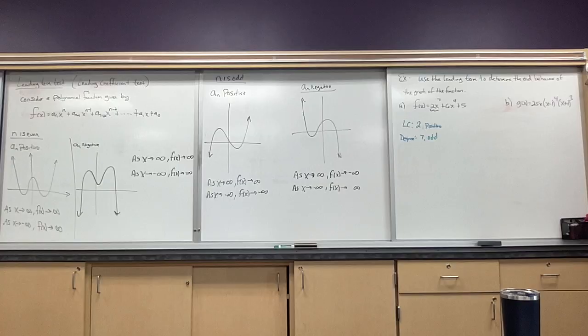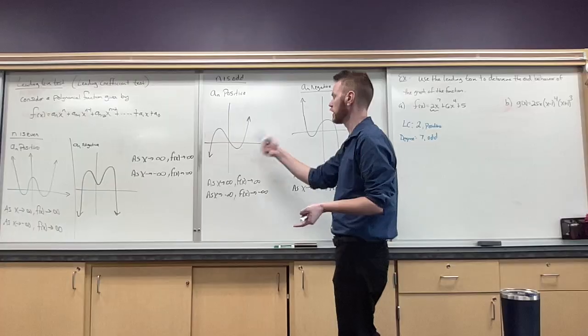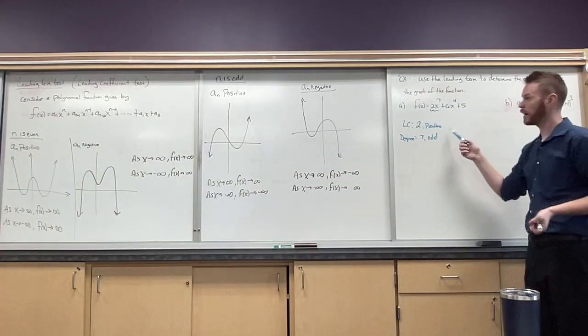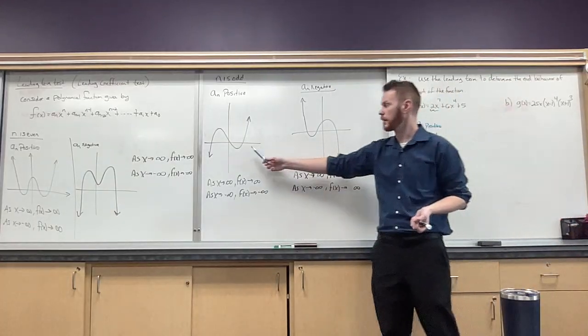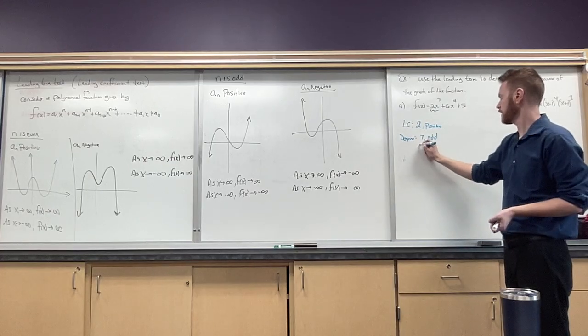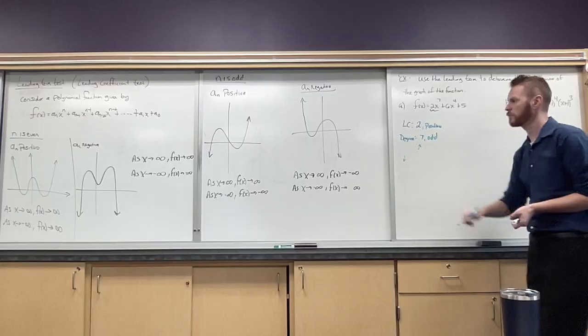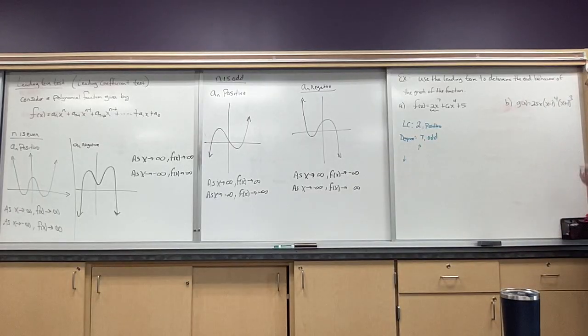Let me just do a picture of the end behaviors. So it's odd, so therefore we're looking at these two grids. And because it's positive, I'm looking at this guy right here. Okay? So my end behaviors are going to be like this. One's going to be pointing down, which is on the left-hand side, and the other one's going to be pointing up, which is on the right-hand side.